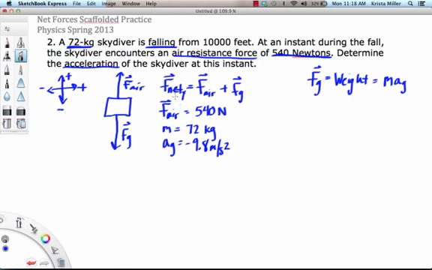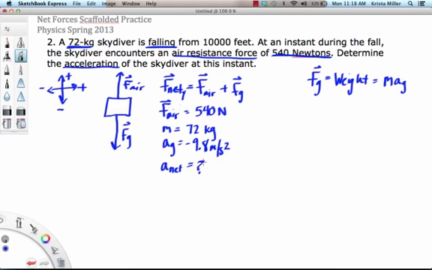So now, if we go back up to finding the F net, we could find the force of air resistance and the force of gravity. Here's what you want to think about. Our end goal is finding the net acceleration. Isn't that what it asks us for in the problem? Determine the acceleration of the skydiver at that instant.